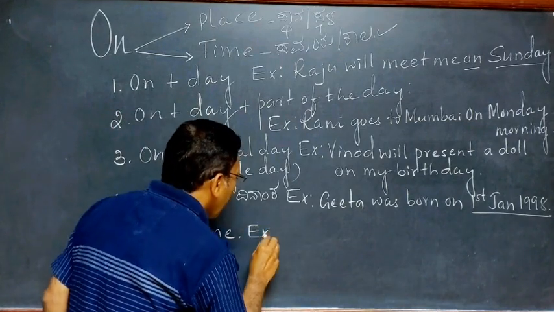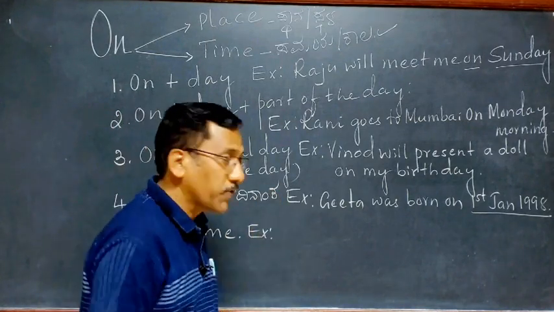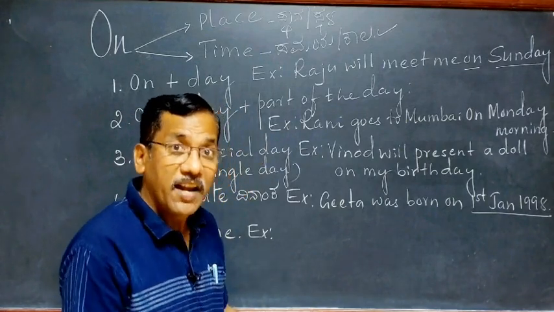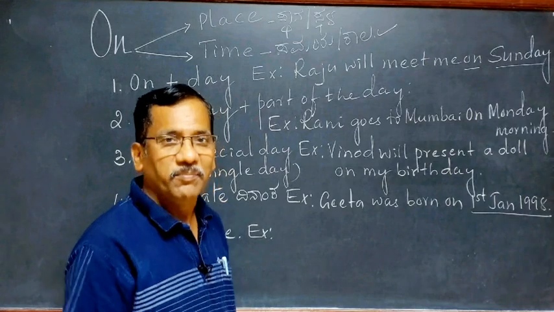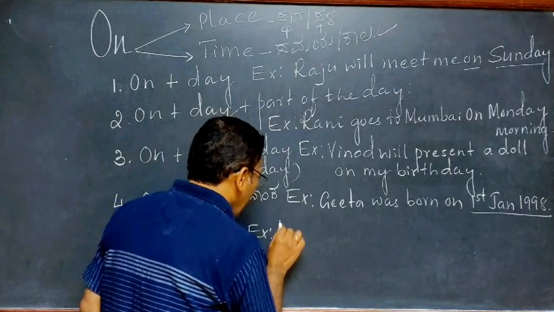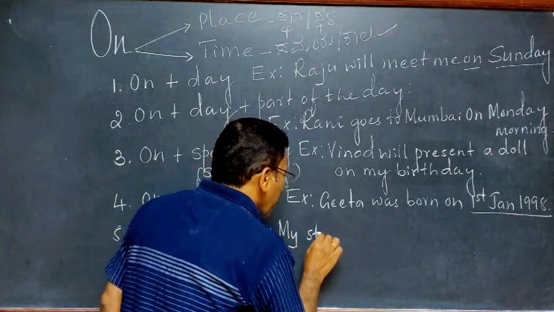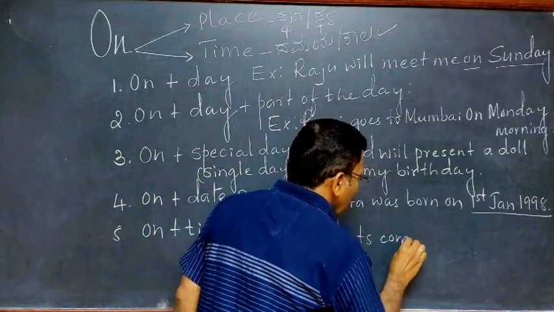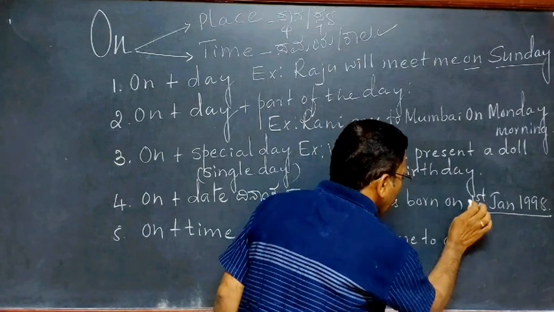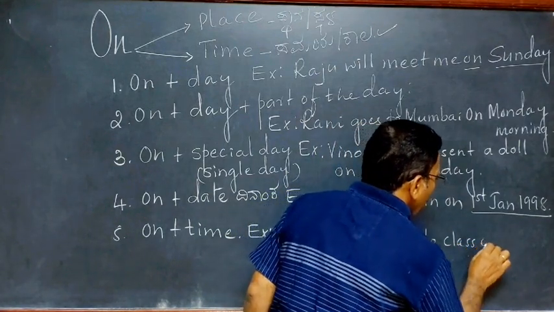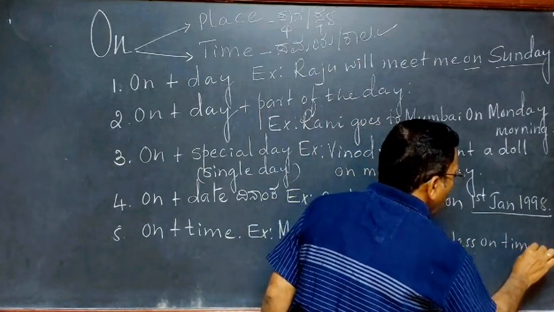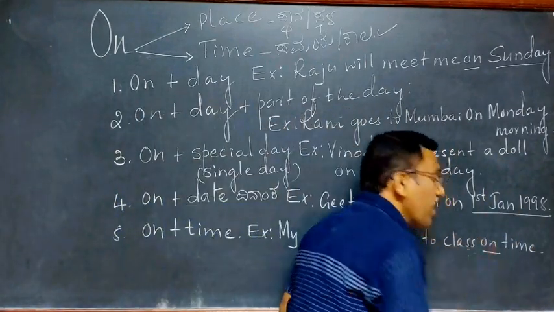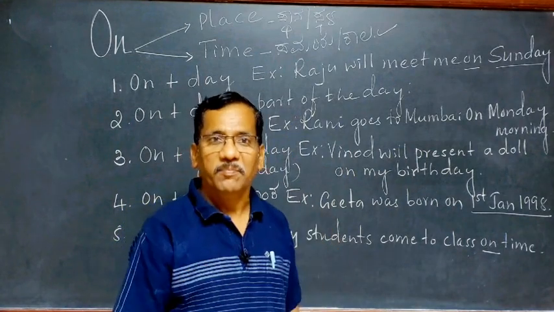For example, my students will come to my class on time, at right time, on scheduled time. Clear? Yes. My students come to class on time. Clear? Yes. On time means right time.